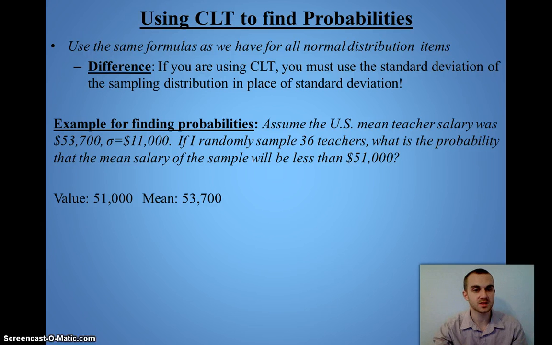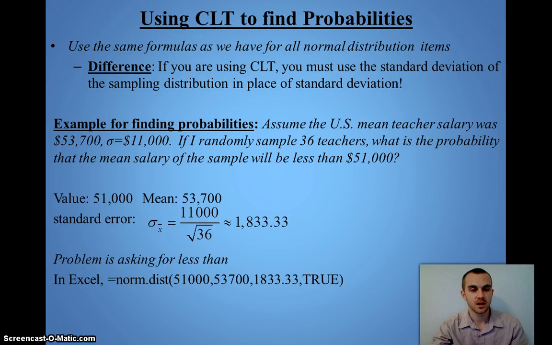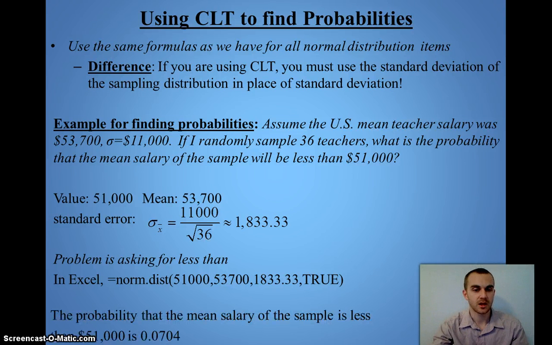What I have to pay attention to is my standard deviation. It's not just 11,000. It's going to be 11,000 divided by the square root of 36. That's the very important piece right there. I plug it back in, and since I'm looking at less than, that's just plugging straight into the normal distribution formula. And it tells me that the probability is about 7%.